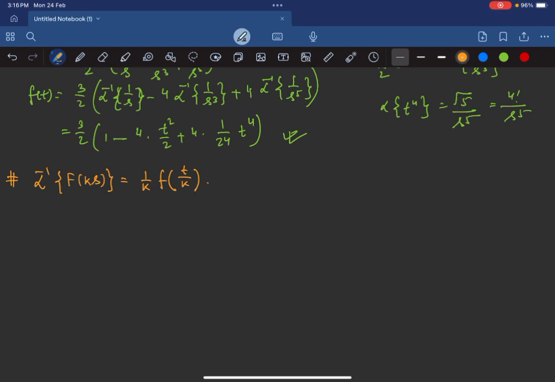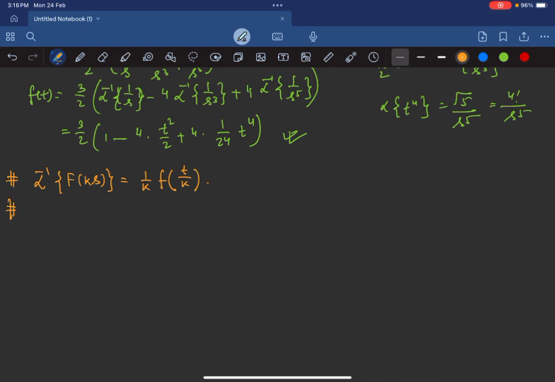This is the change of scale property. Okay, so more or less all the formulas and results we already studied, you need to go through. Now let me discuss another important point, that is inverse Laplace.